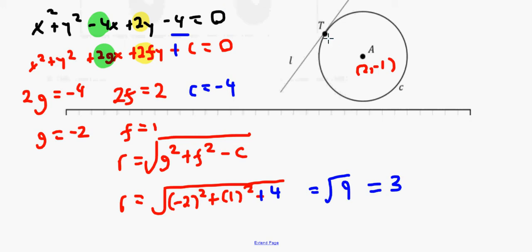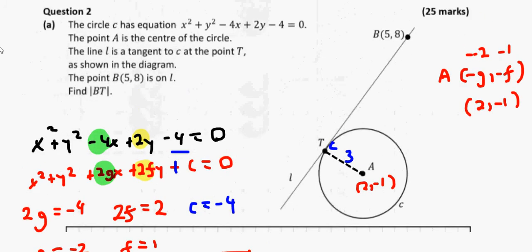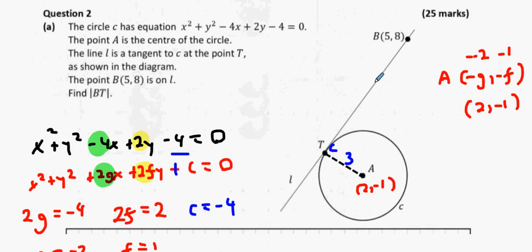Now, what I'm thinking is that this is 90 degrees, and I could use Pythagoras' theorem. I'm meant to find out what B to T is. Oh, I already have what I need. Well, this is much easier than I thought it was going to be. I can use the distance formula for coordinate geometry to find the yellow line.